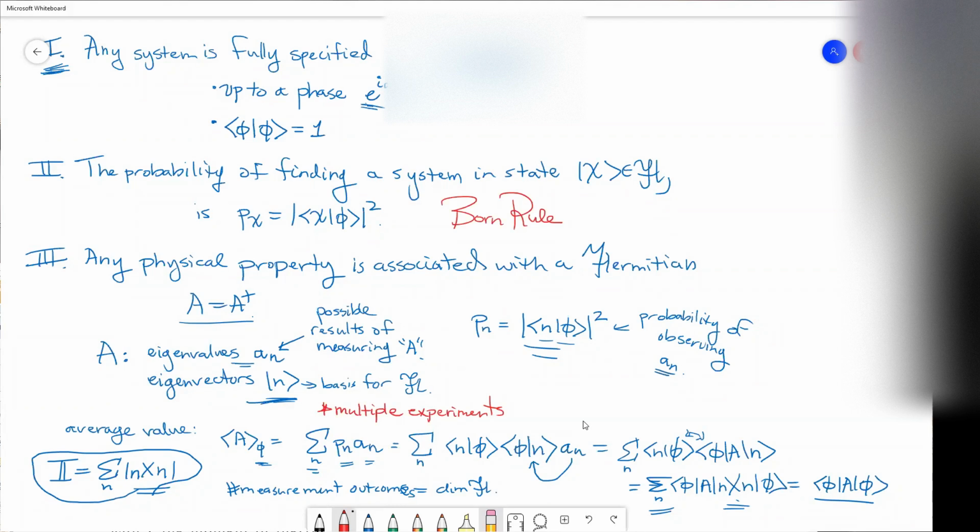And if you measure that property over and over again, you'll get a set of possible values for that property. And each one will occur with some probability. And only if you repeat the experiment a bunch will you then get an average value for that measurement outcome. You have to do it over and over again because you have to sample the probabilities.